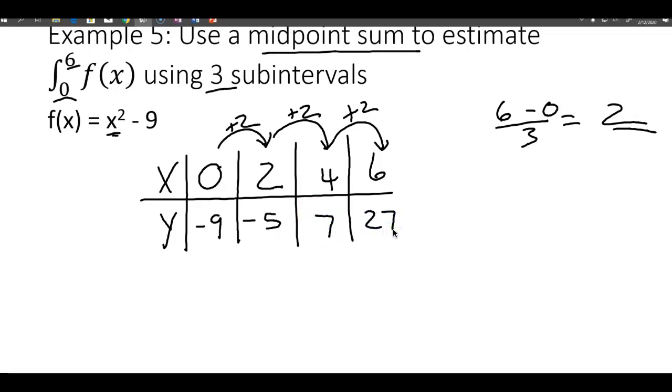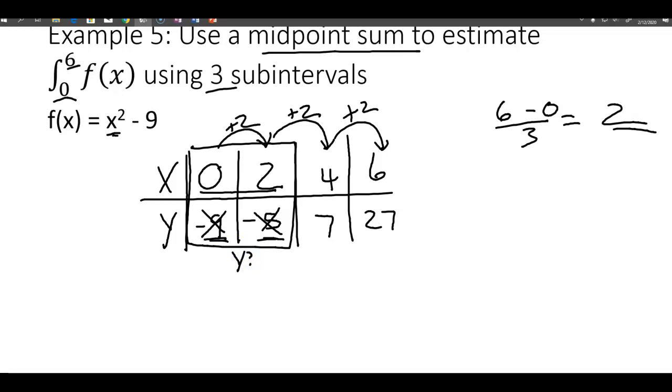But here's the thing. We're doing a midpoint sum. This is our first rectangle here. We're going from 0 to 2, and these represent the heights on the left corner and the right corner, but I really don't want either one of these corners. I want to know what the y value is right here in the middle. How do we find that?